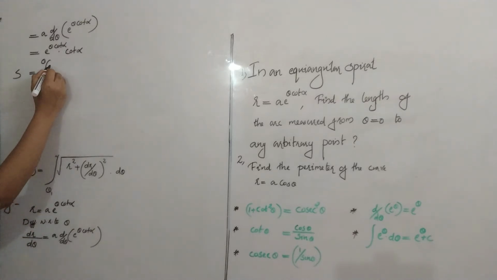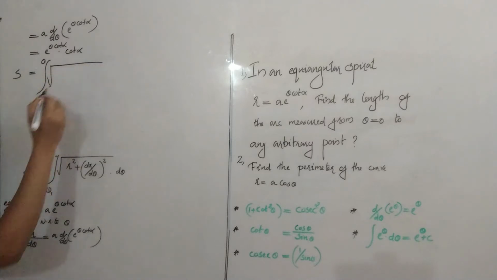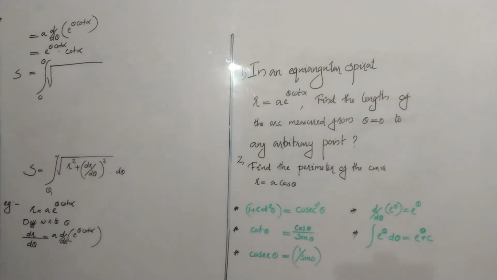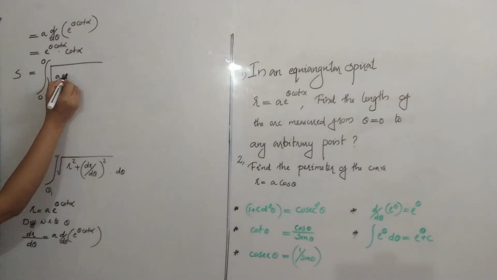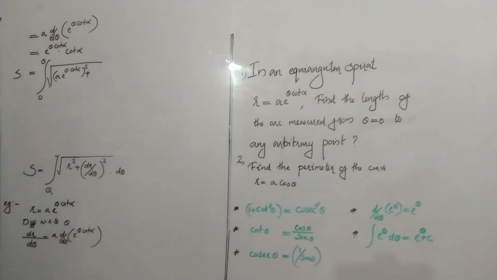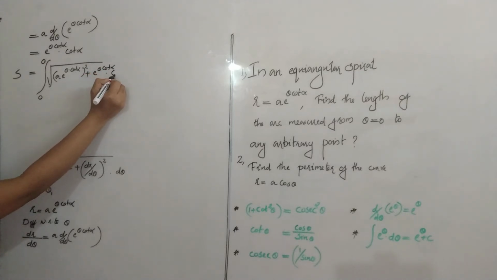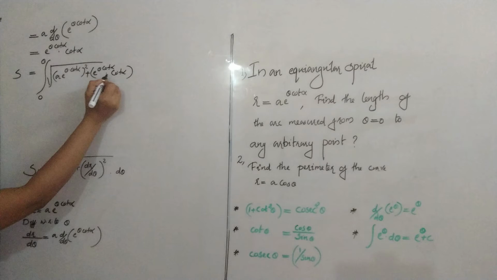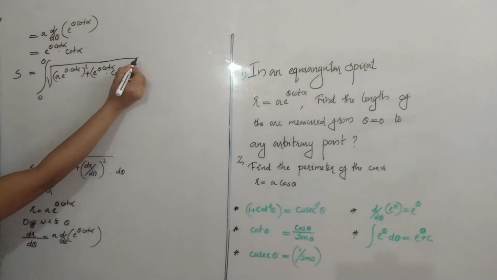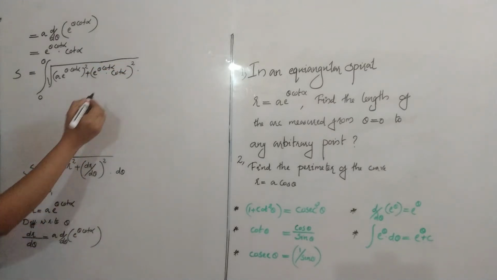S is equal to integral 0 to theta square root of r square, where r is a e raised to theta into cot alpha, square, plus dr by d theta square. That is e raised to theta cot alpha into cot alpha, square, into d theta.